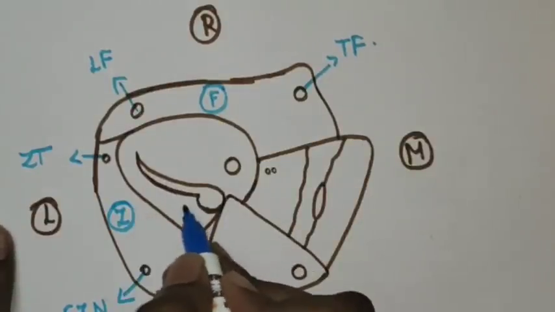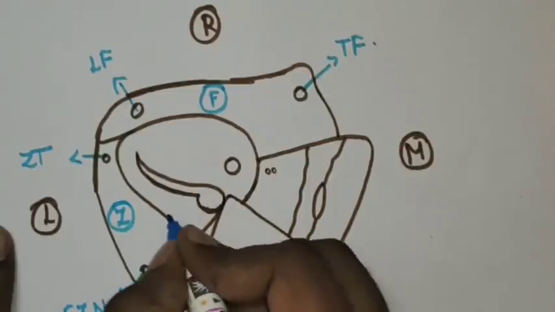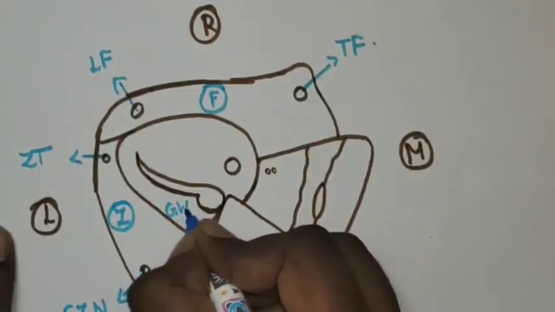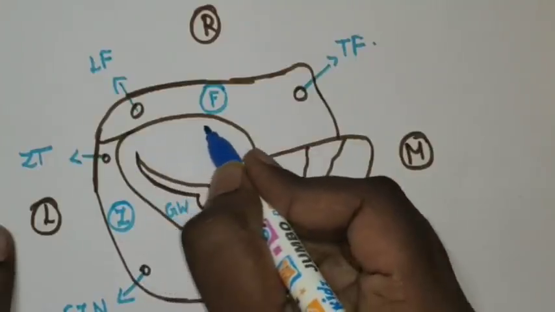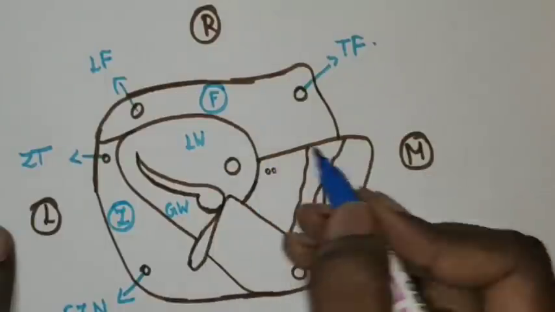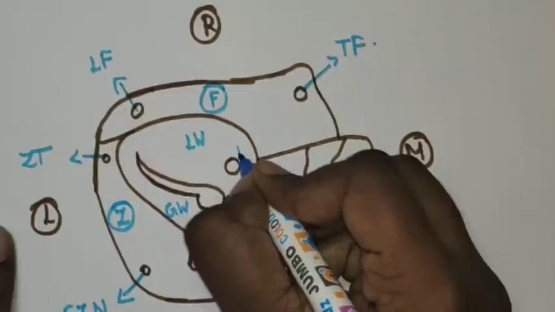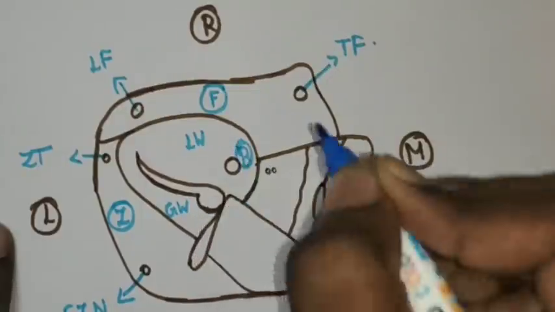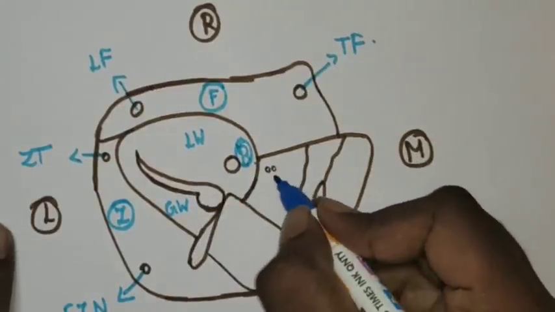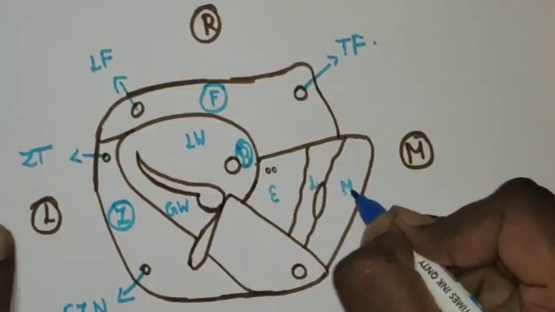On the lateral side, medial to the zygomatic bone, we have the greater wing of sphenoid, and on the roof side, we have the lesser wing of sphenoid, and on the medial side, we have the body of the sphenoid. This will be the ethmoid bone, this will be the lacrimal bone, and this will be the maxillary bone.